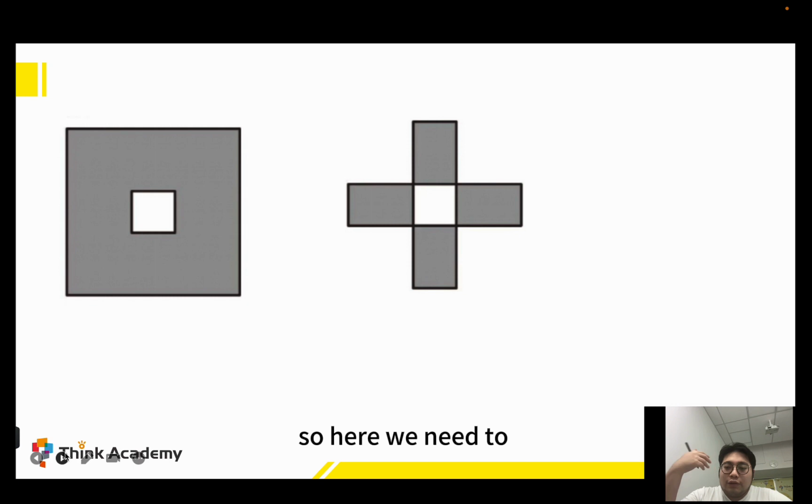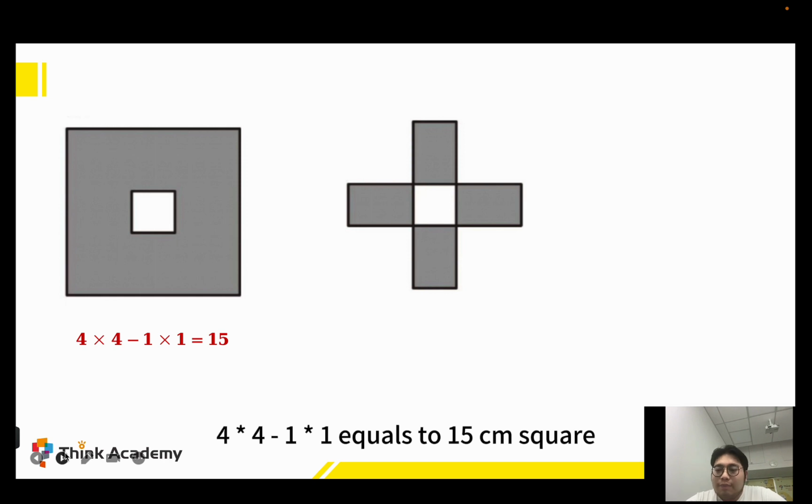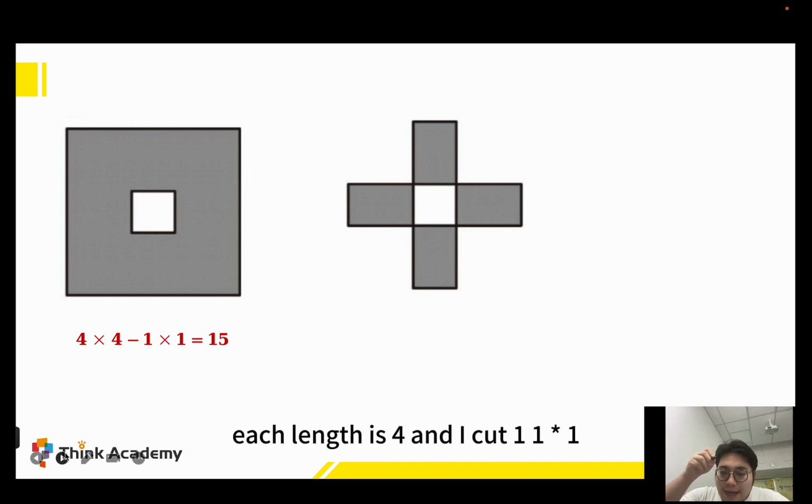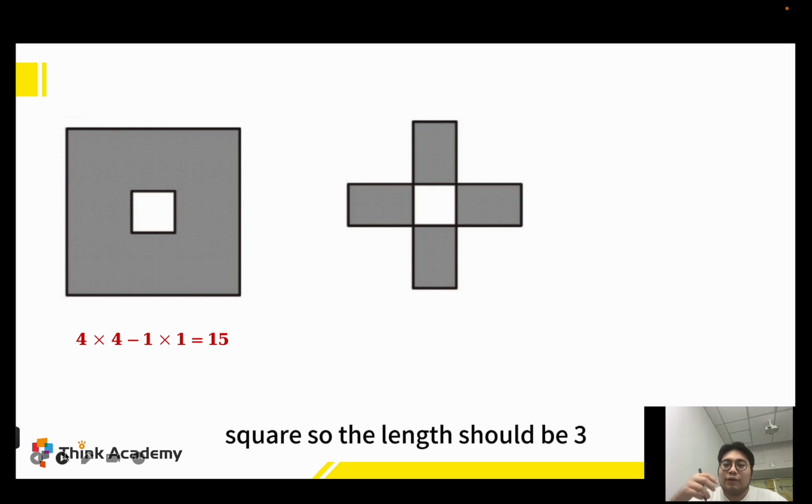So here we need to calculate the surface. For figure 1, the surface is 4 times 4 minus 1 times 1, which equals 15 square centimeters. For the second figure, each length is 4, and I cut a 1 times 1 square, so the length should be 3.